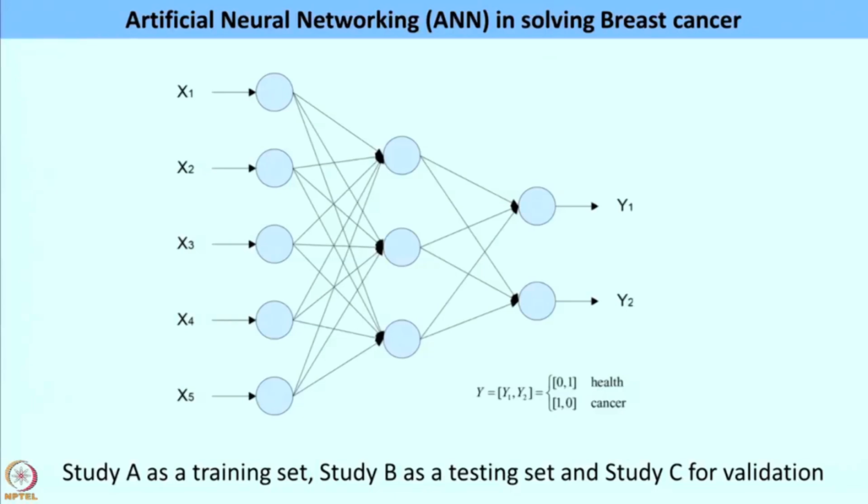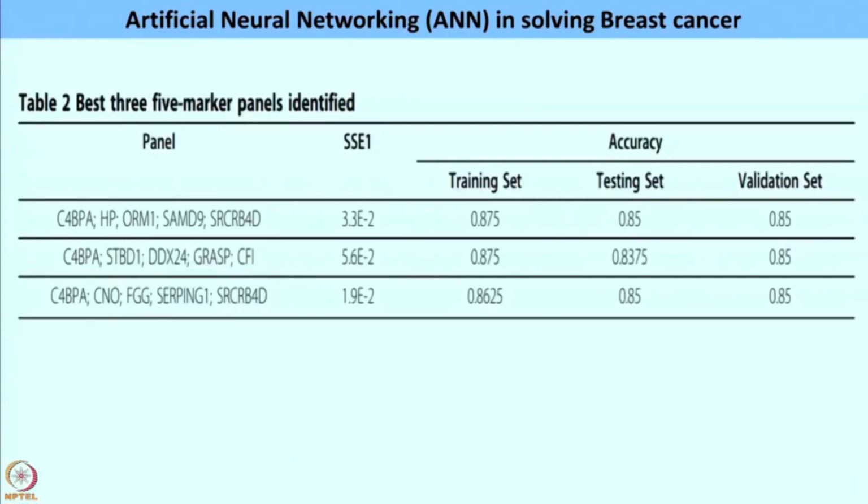The model was further validated with a blind data set to check the accuracy and the efficiency of the model. In most cases, the accuracy of the model needs to be more than 80 or 85%. So, this artificial neural network gave 3 panels with 5 markers and with accuracy more than 85%.